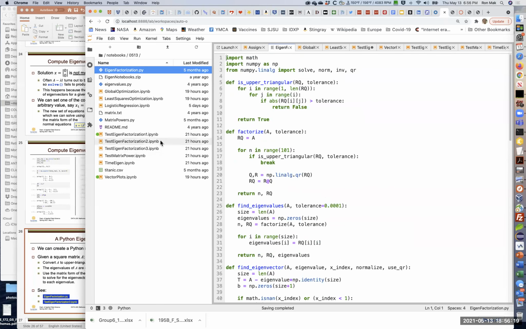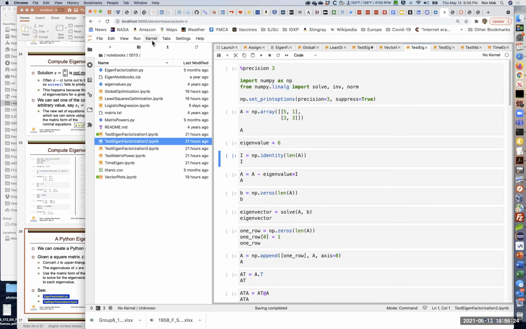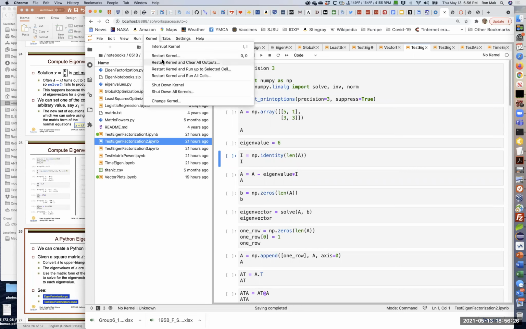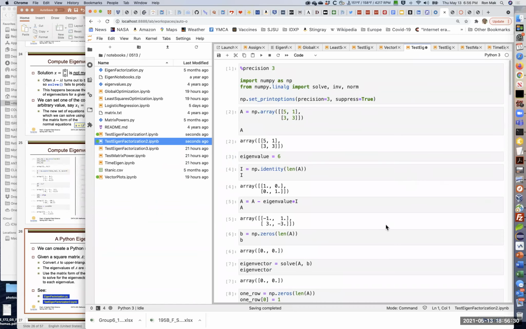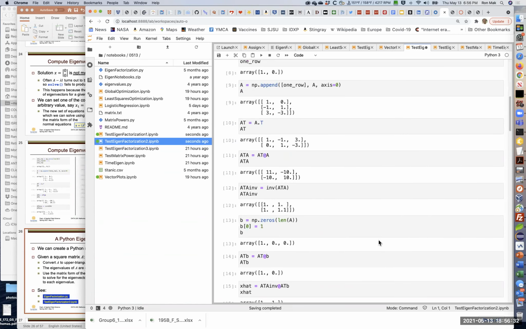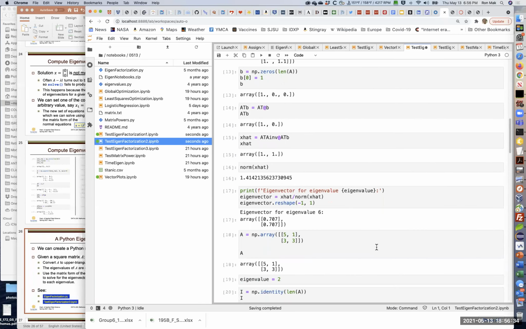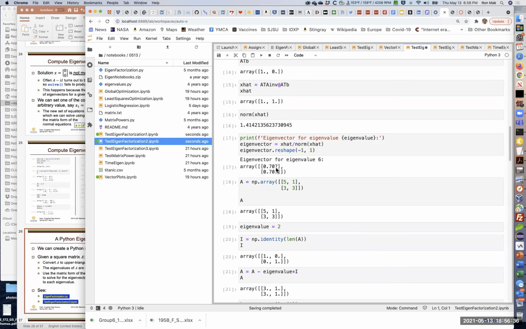eigenfactorization, and test eigenfactorization 2. Let's see what happens here. Restart kernel and run all cells. This one I think I deliberately had some. Given the eigenvalues, I'm calculating the eigenvectors.